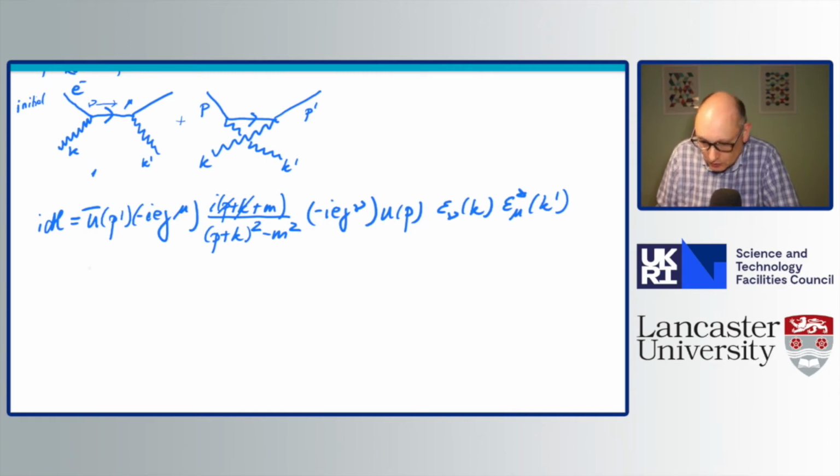Let's take diagram 2. There will be the same fermion line, of course. So we start with a u bar of P prime, but if this is the mu photon, then now the first vertex that we get is the one that corresponds to the photon with the mu, right?